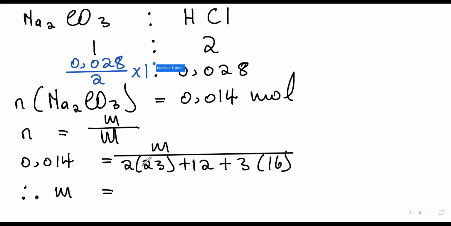So when you say 0.014 times the entire denominator, which is 2 into 23 plus 12 plus 3 into 16, if you're doing it like this, please remember to be careful when you press this into your calculator, because mistakes are at your fingertips.